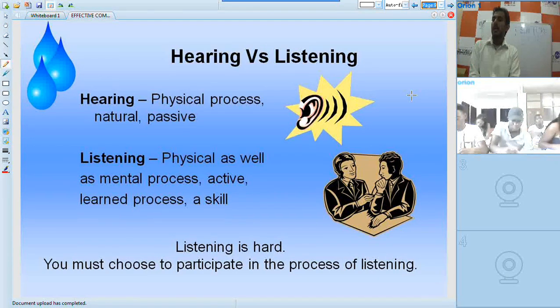Suppose you are having a conversation over the phone or over the internet, then it's a complete physical process by which you are getting a message from the sender.